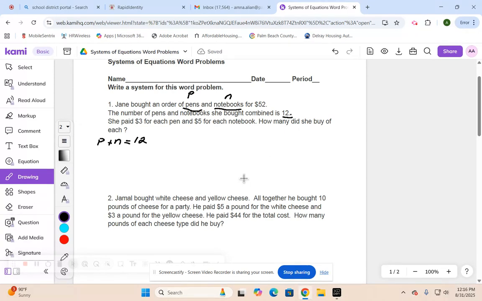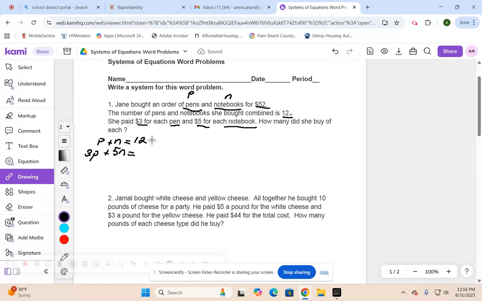Okay, well, how much did each item cost? They did give that information right here. She paid $3 per pen. She paid $5 for each notebook. So then we can come over here and write the cost equation. Each pen, she paid $3. So $3 per pen, $5 each notebook. And what was the total charge for this purchase?